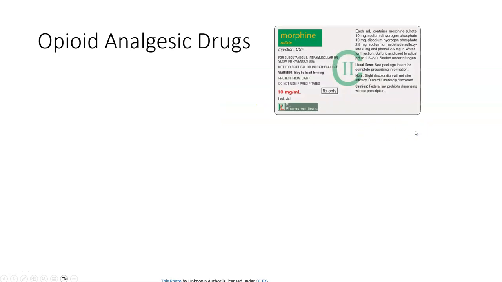Now, with morphine, a lot of times we use the abbreviation MS for morphine sulfate. The Joint Commission says that that is a do not use abbreviation because it could be mistaken for something else. So we're going to write morphine out. Now, it is a C2 drug, which we're also seeing here on this label.